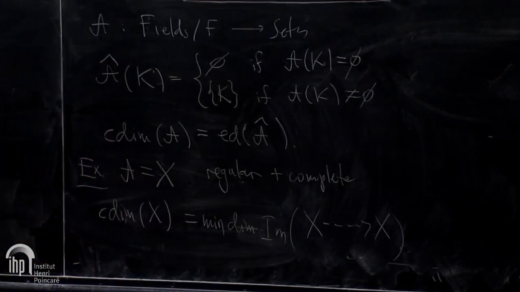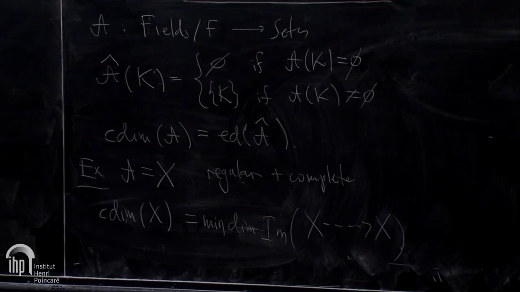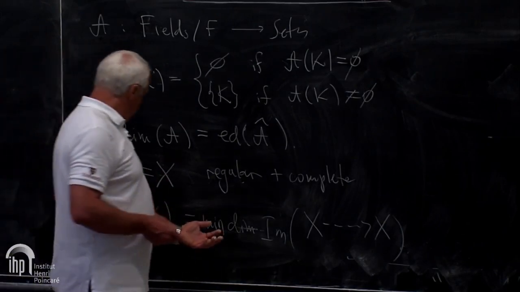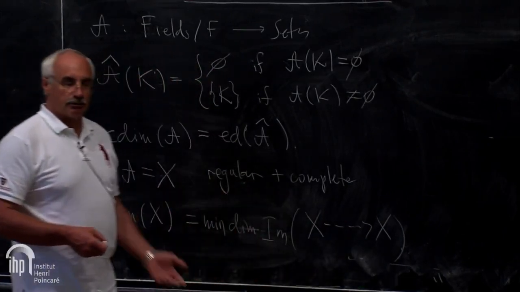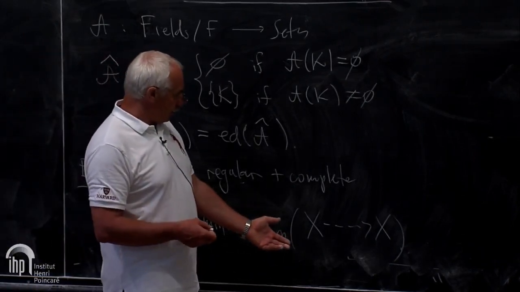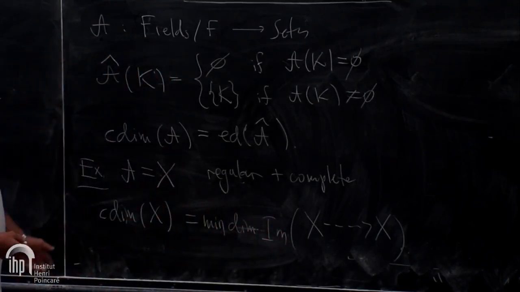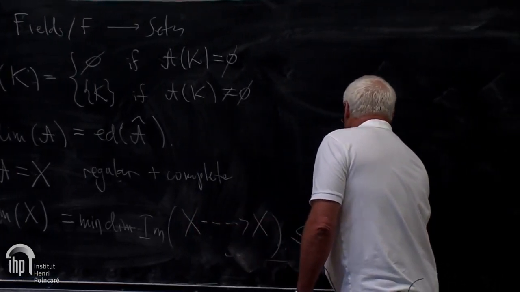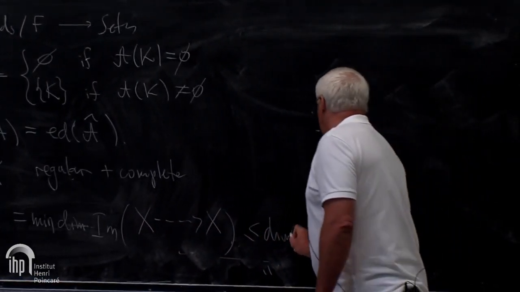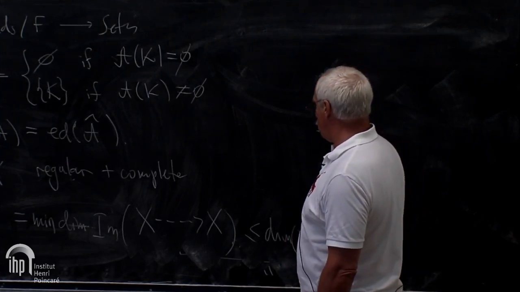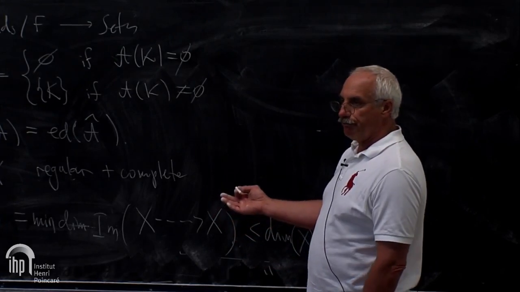So there is a connection to birational algebraic geometry in this sense. Of course, if X has a point, then this canonical dimension is 0 because you can map everything to that point. But for some varieties, this could be a non-zero number. Of course, it's at most the dimension of X. Minimum dimension.